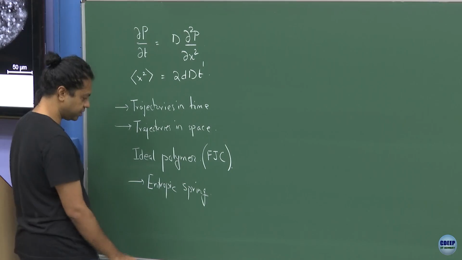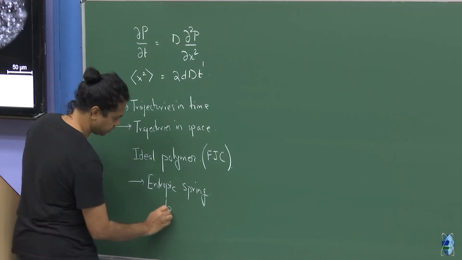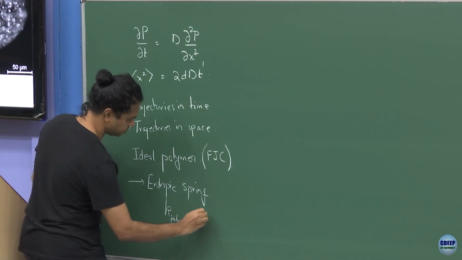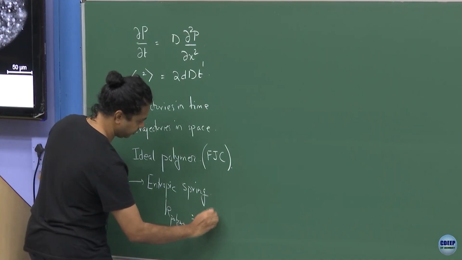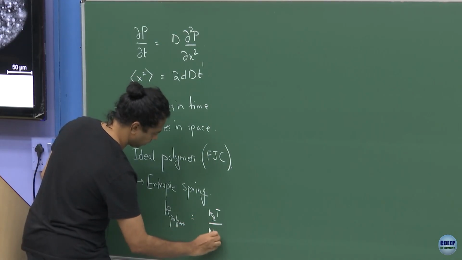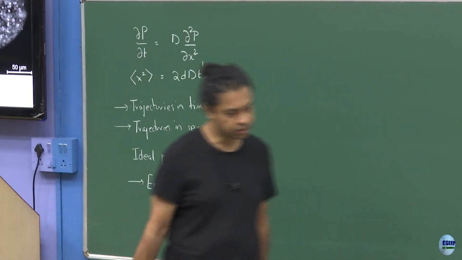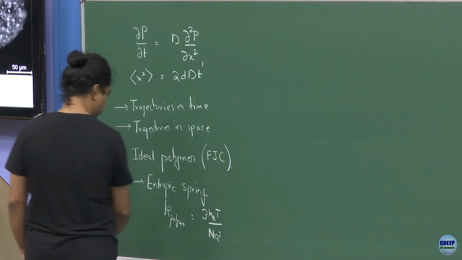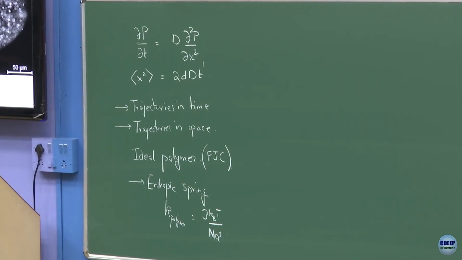In fact, that restoring force is like k times the displacement, with some spring constant k_polymer as 3kT/(Na²). Yeah, it's in 3 dimensions. Okay, so that's what we had done.